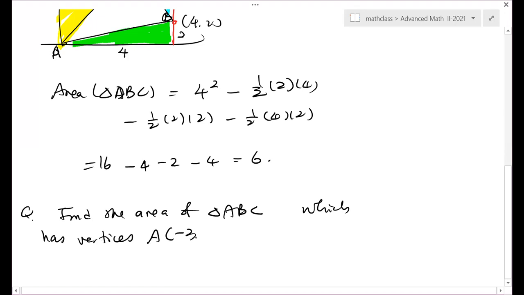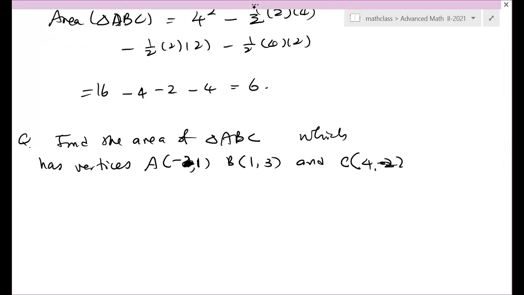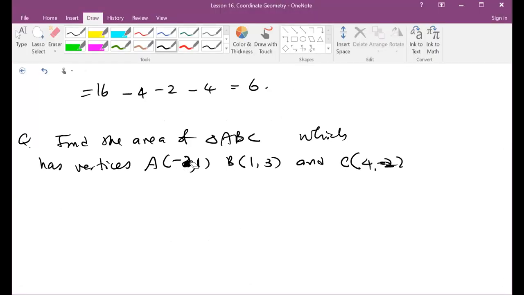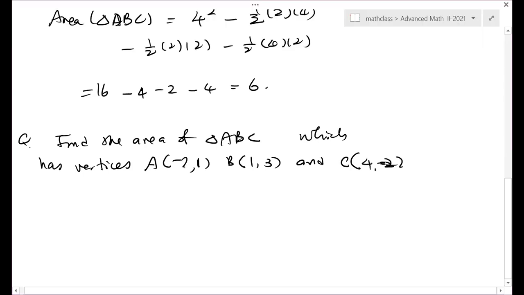Point A is -2 and 1, B is 1 and 3, and C is going to be 4 and -2. So -2 and 1, the first point. Okay, so please work this out.